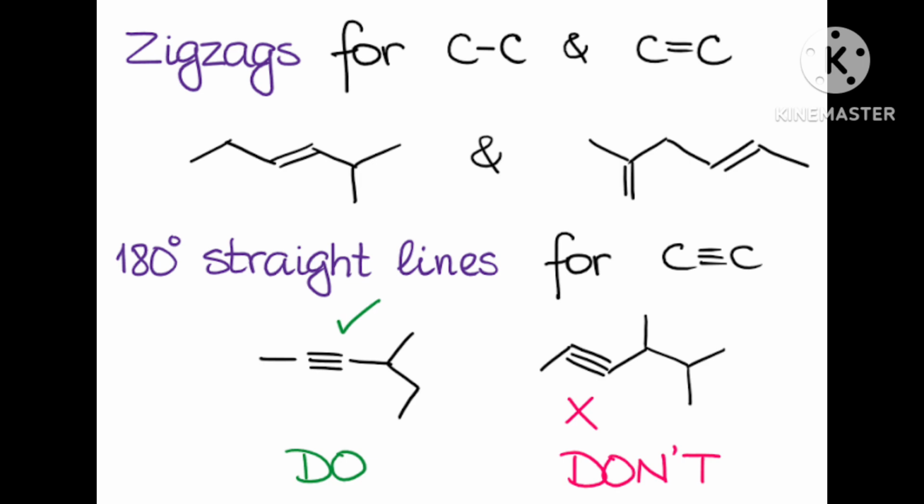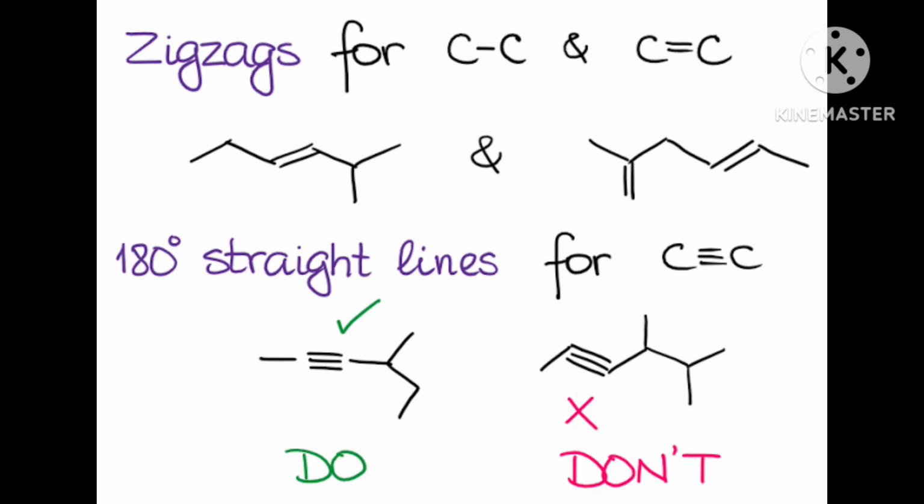Now in this question you have to write two formulas, the condensed formula and the bond line formula. How will you write the condensed formula? In the question, OH is in the beginning, OH is attached to CH2, and again CH2, after that CH, then CH3, again CH, again CH3, and again CH3.